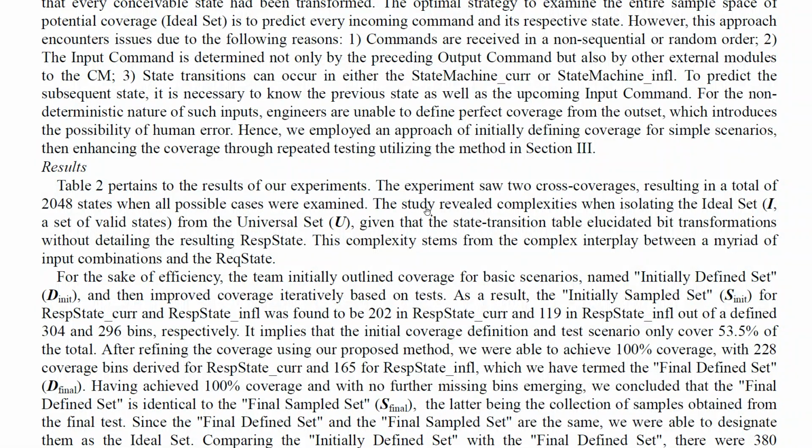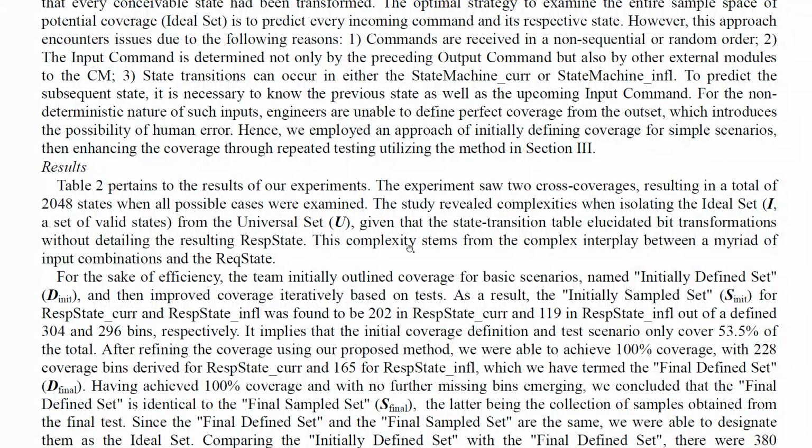The study revealed the complexities when isolating the ideal set I, a set of valid states, from the universal set U, given the state transition table elucidated with transformations without dealing with the resulting RSP state.